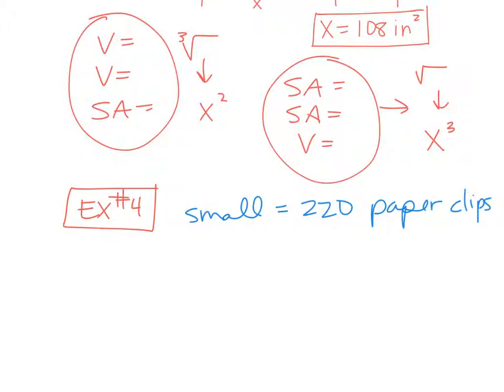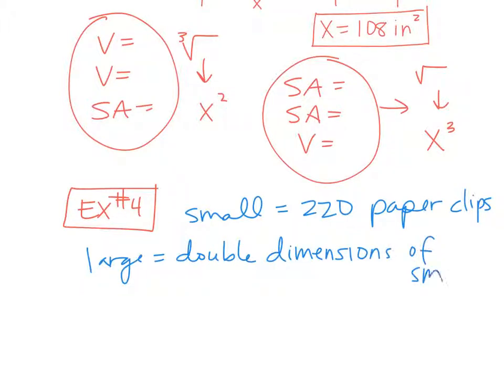The large box is formed by doubling the dimensions of the small box. So the large is double the dimensions. Then wouldn't it fit double the paper clips? No, but that's what people want to say. So the question is, how many paper clips will fit in the large box?